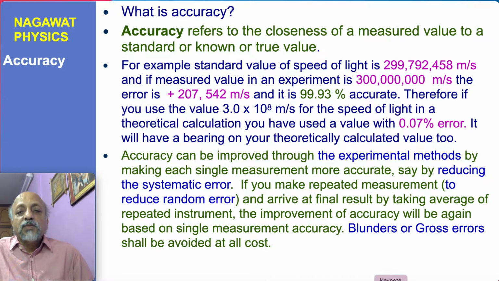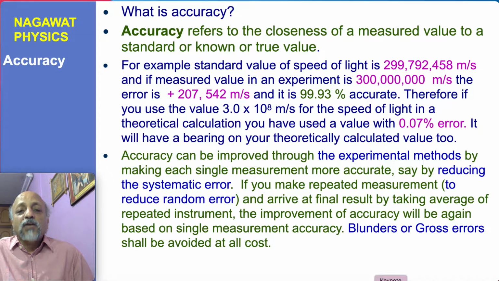For example, standard value of speed of light is 299,792,458 meter per second, and if measured value in an experiment is say 300,000,000 meter per second, then you can determine by subtracting the standard value from the measured value the error in the measurement. So error in the measurement by definition is measured value minus the standard or norm or true value.